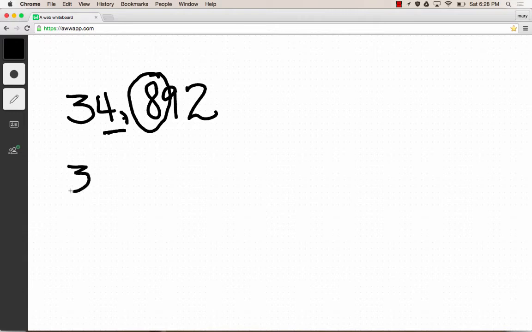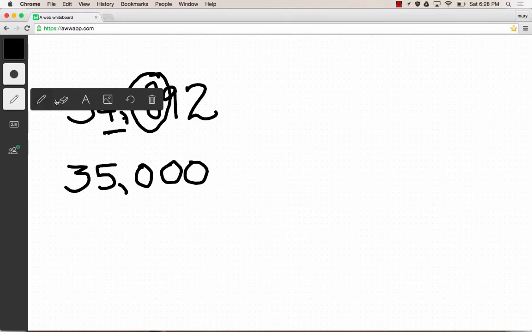So I'm going to come down here and make 35, and remember that everything, including the 8, now becomes zeros. So I have 35,000 as an answer. So it's close to 34,892, but when rounded, it's about 35,000. All right, let's go ahead and do this next one.